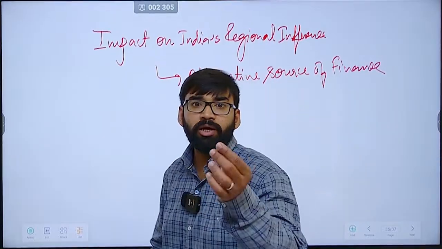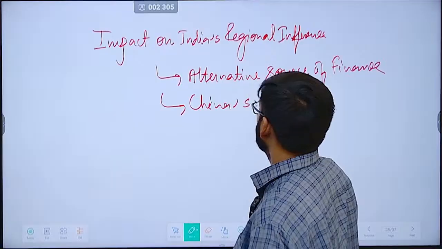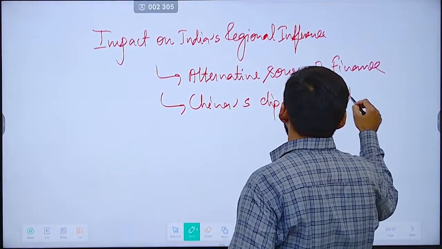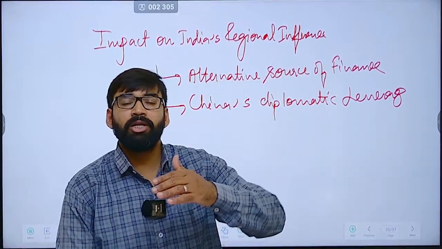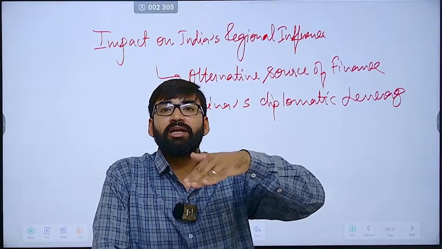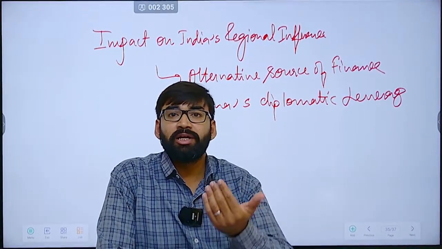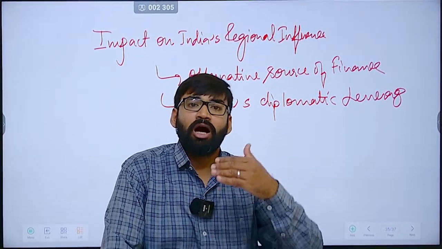Clear? Then you can mention China's diplomatic leverage. Clear? Then you can mention it actually reduces Indian influence in the neighboring countries. Clear? So it actually creates what? India-China competition. Clear? So how should India respond?